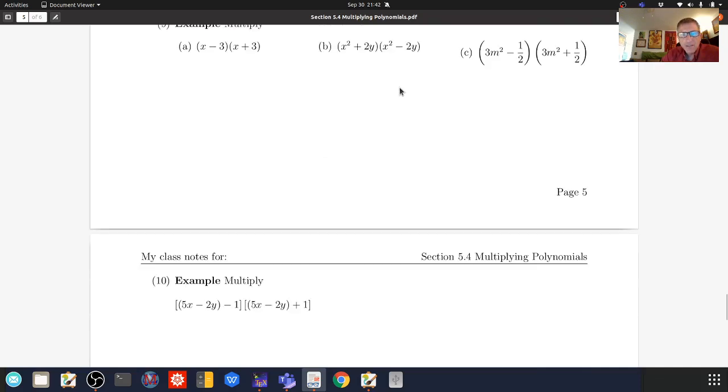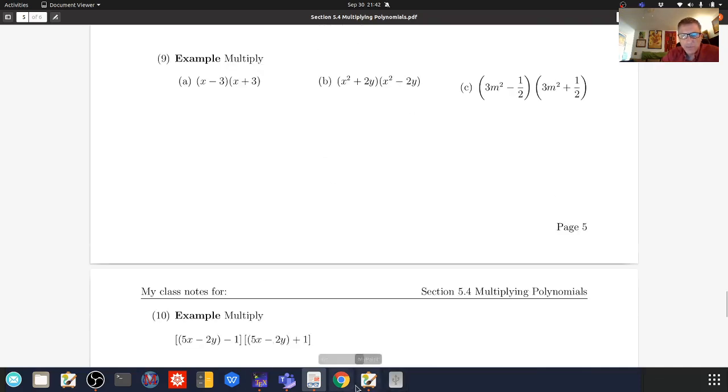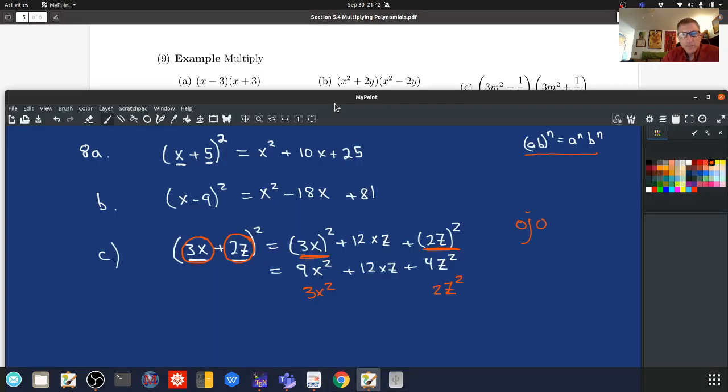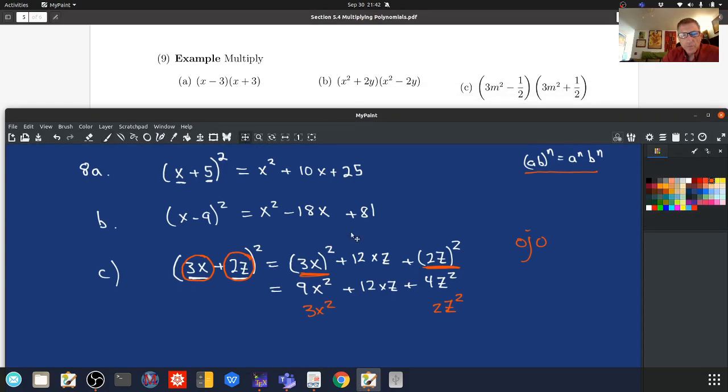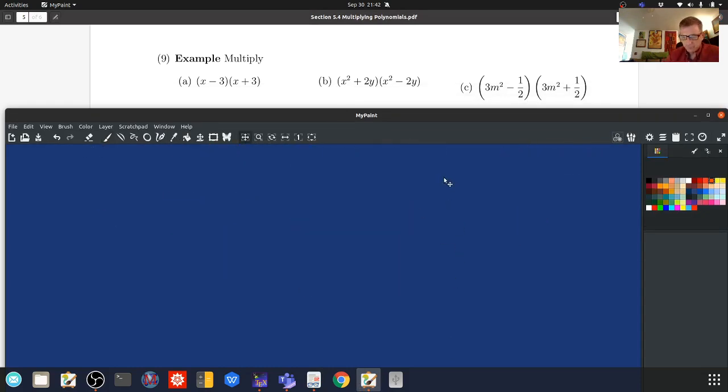And here this is called the difference of squares factorization, or formula. So I want to remind you of that one. This is one you must absolutely remember: a minus b times a plus b is equal to a squared minus b squared.